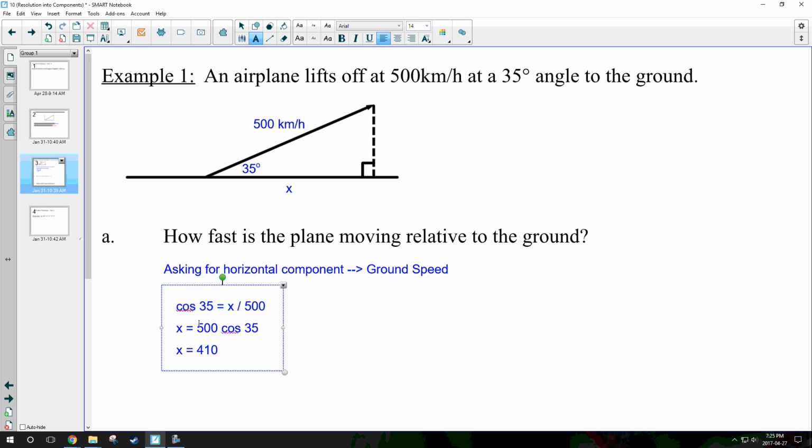And again, because this is a word problem, we should have our units. So it's 410, and because we're looking at speed on the ground, we're looking at kilometers per hour. So if we were just looking at how fast the plane was moving horizontally, that would be the 410 kilometers per hour, which is what's called the ground speed.